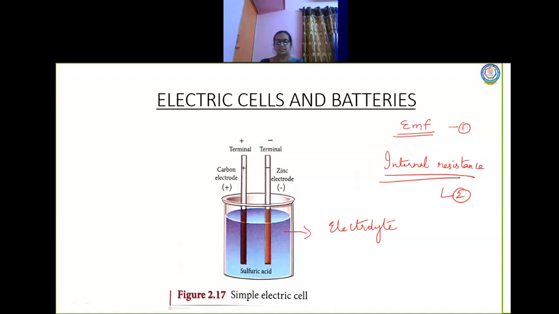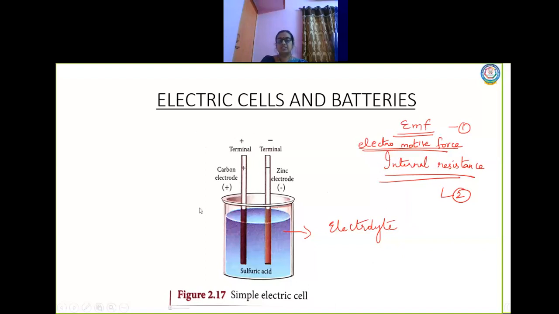This cell or a battery is a source of EMF. EMF is electromotive force. Here the electrons are made to move inside the electrolyte.